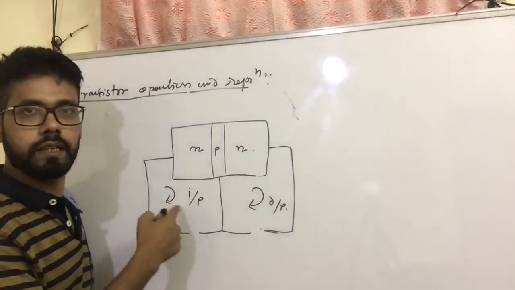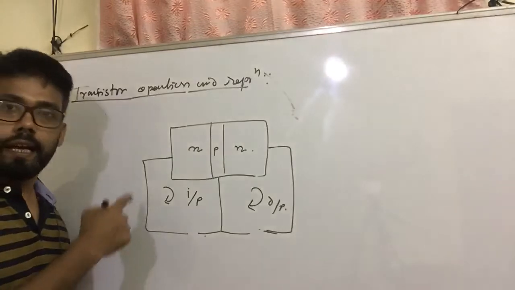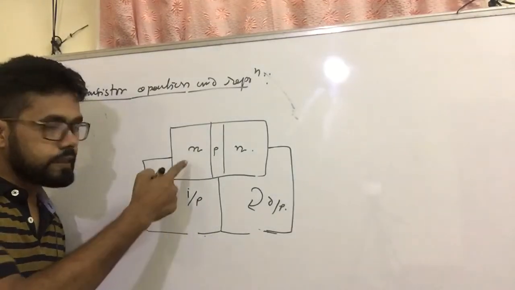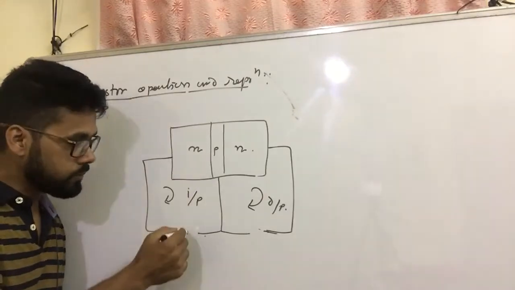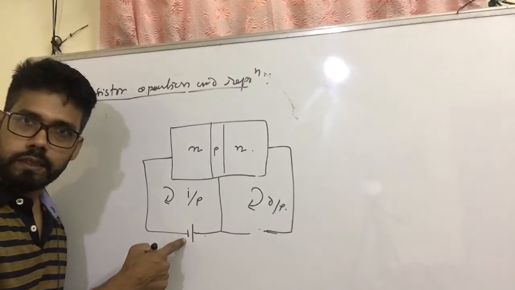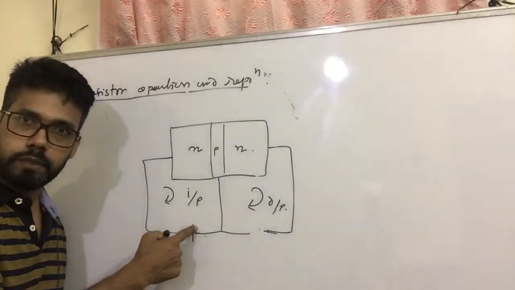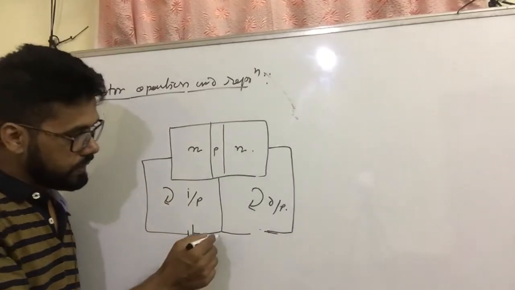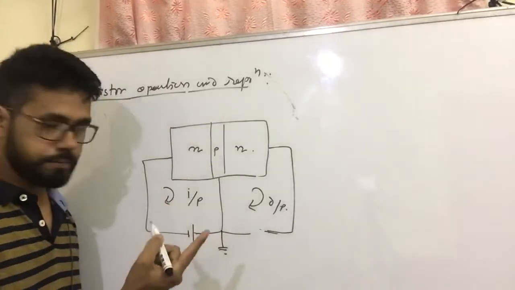Represent it simply as IP. Okay, and the input circuit is always forward bias. So how can you remember? It is the negative side, so you have to apply negative, and this will be positive. The smaller terminal represents negative, and the higher, the high vertical line, represents positive. So it will be ground. Okay.